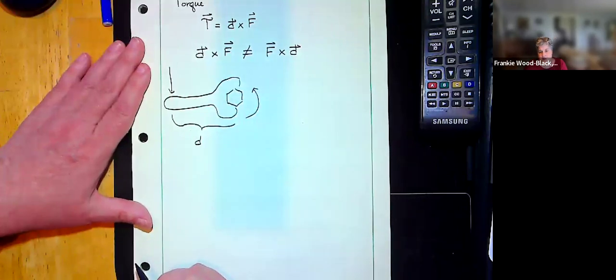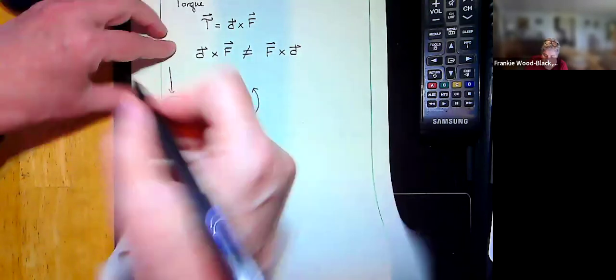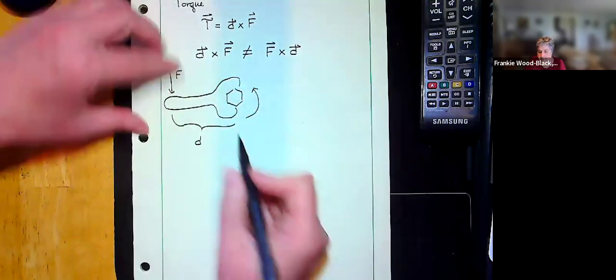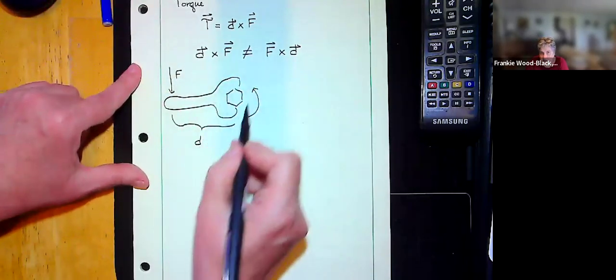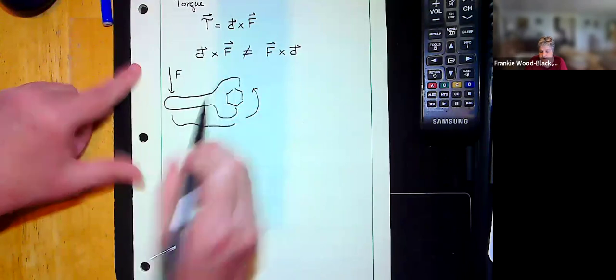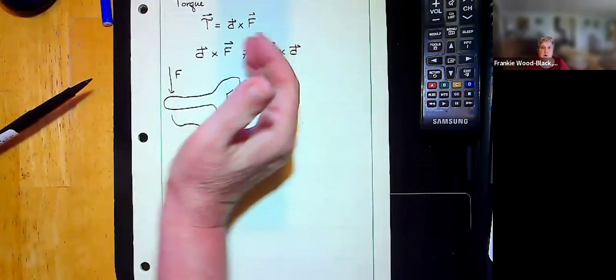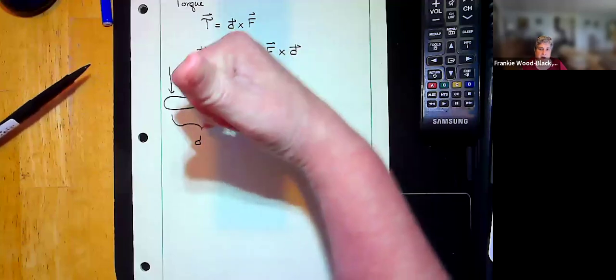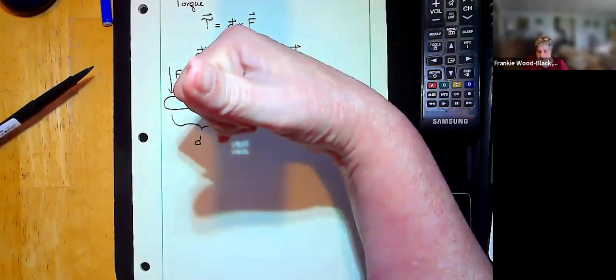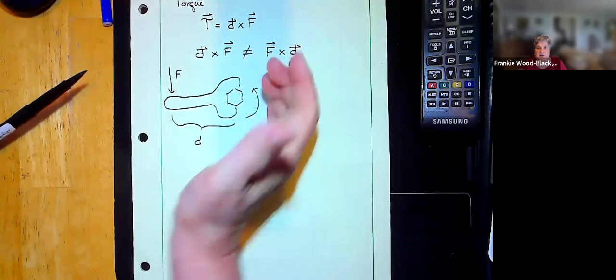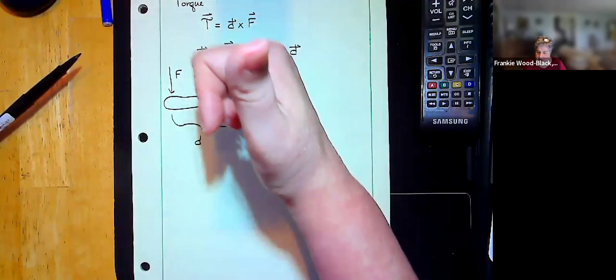All right. So if I'm applying my force, I'm going to rotate my bolt in that direction. So if I rotate my bolt in that direction, my bolt is going to come out of the paper. I'm going to unscrew it out of the paper.